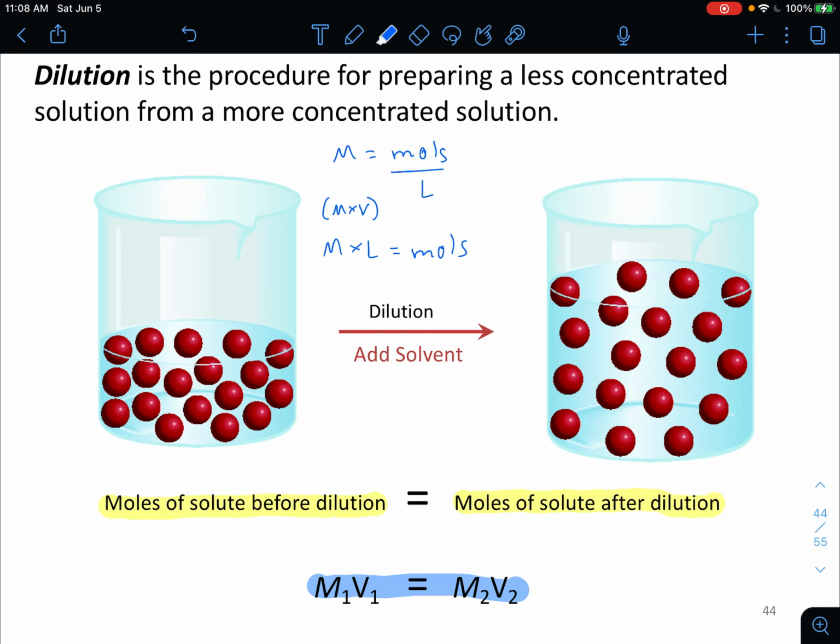The molarity of solution 1 times the volume of solution 1 equals the molarity of solution 2 times the volume of solution 2. You may also see it written as MiVi for molarity initial, volume initial, equals MfVf, molarity final, volume final. Same difference in terms of how we're going to use it. So essentially it leaves us with a 4-parameter equation, and then we just want to solve for whatever it is that is the missing information. So we'll look at a few different examples of how to apply this equation.